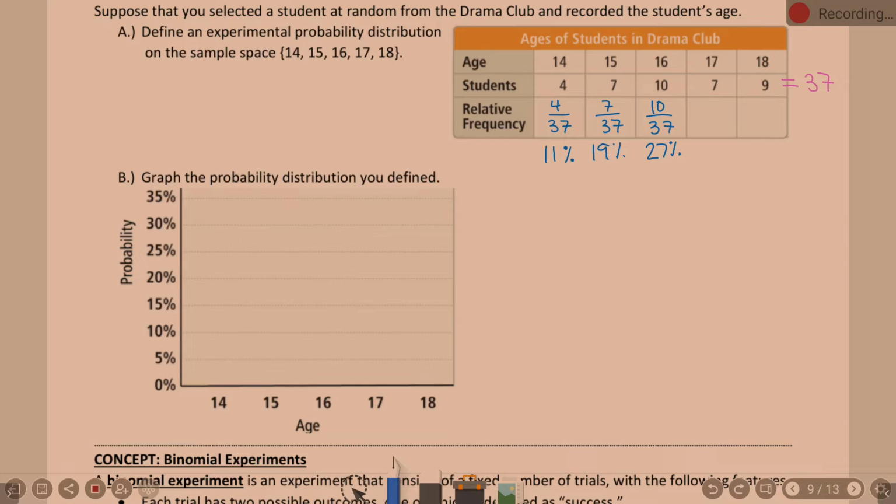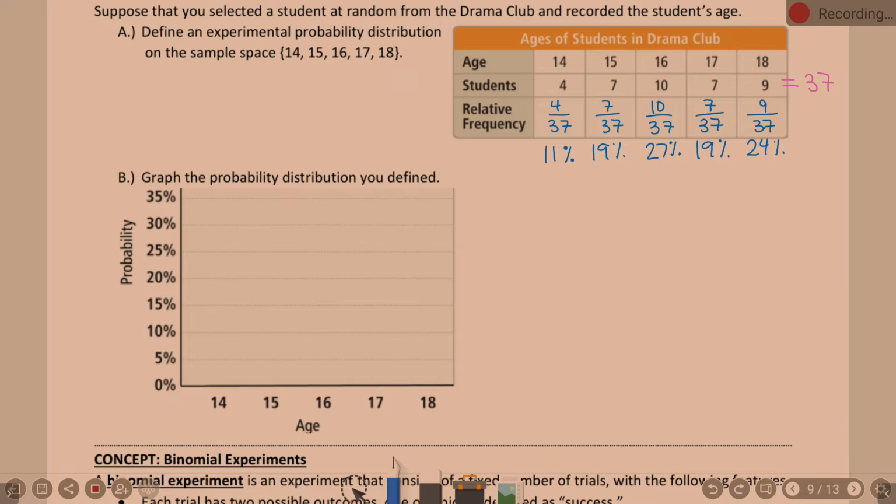Age 17 students? 19% again, because again, you're doing 7 out of 37. And age 18 students? 24%. And that comes from doing 9 out of 37.